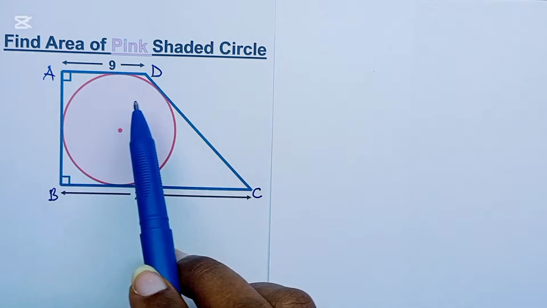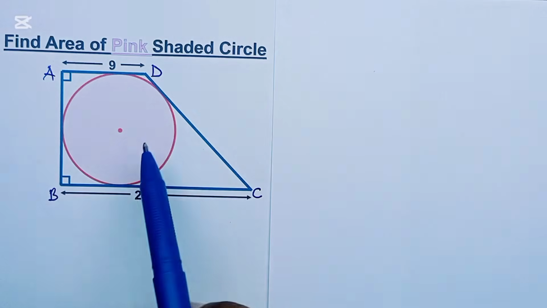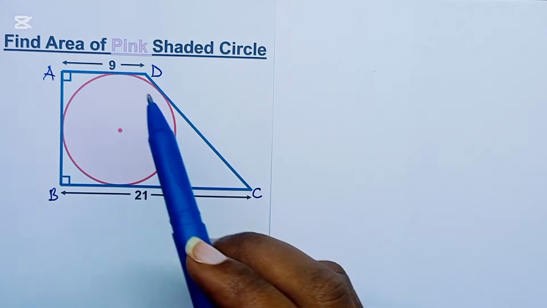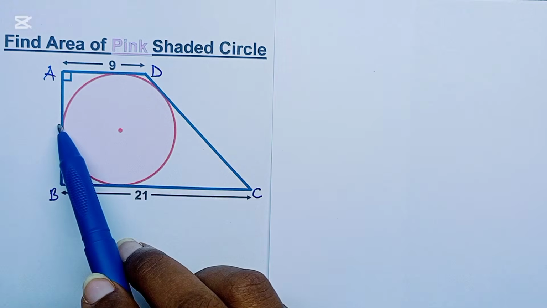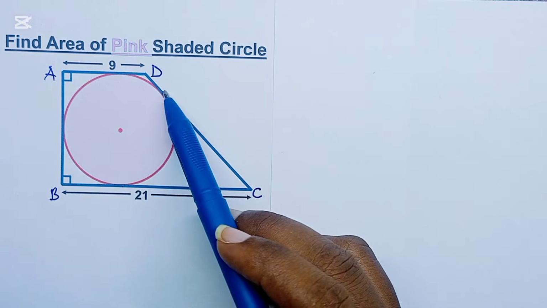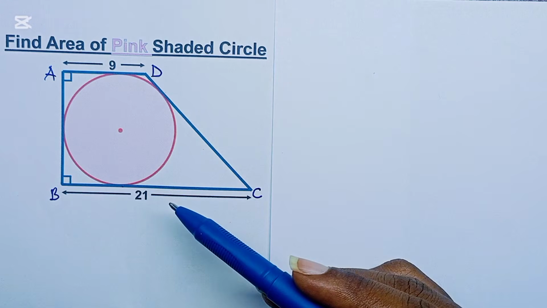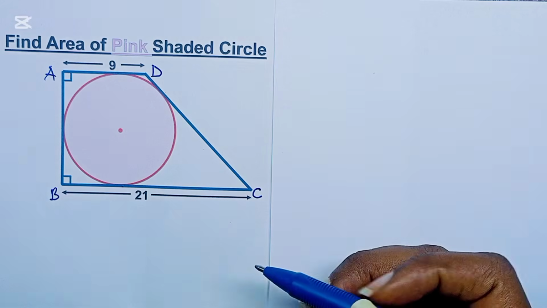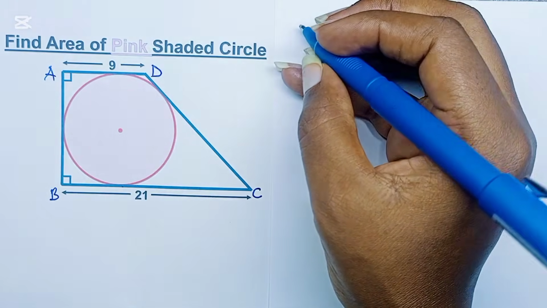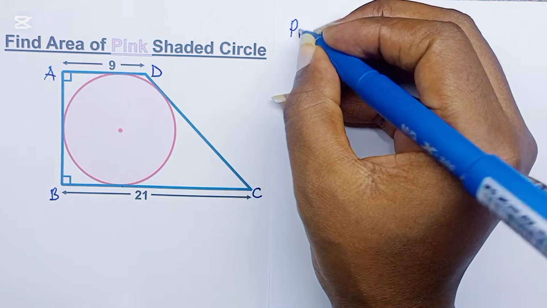So all the sides are tangent to the circle at this point, at this point, at this point, and at this point. So it's a tangential quadrilateral, and that's where the Pitot theorem comes in now.